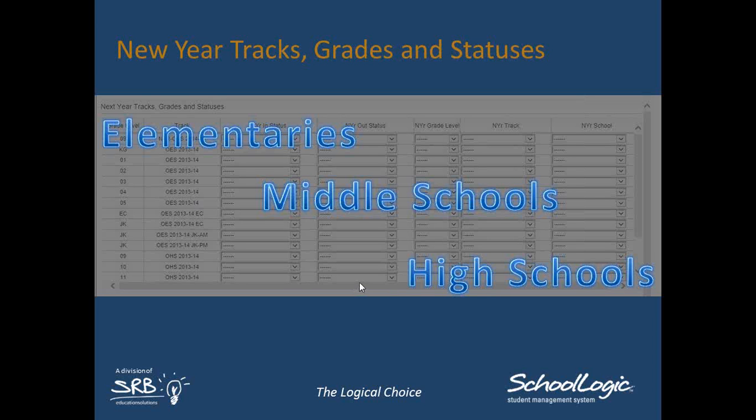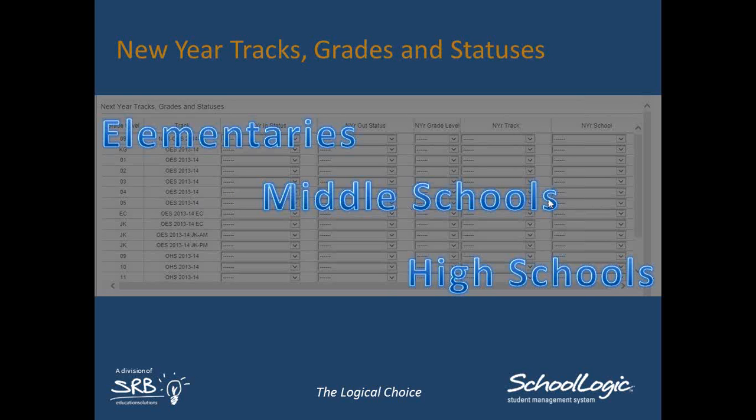Okay? Let's think of this a little farther. Let's say your elementary ends at grade 5. Your elementary operator gives her 5th grade students a next year's school of the middle school. Once she submits that form, that makes those 5th graders available as potential 6th graders for the middle school or schools. Same thing happens at the middle school.